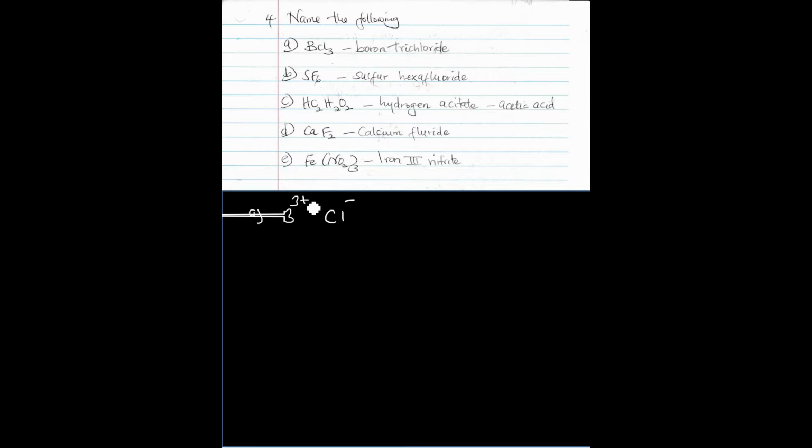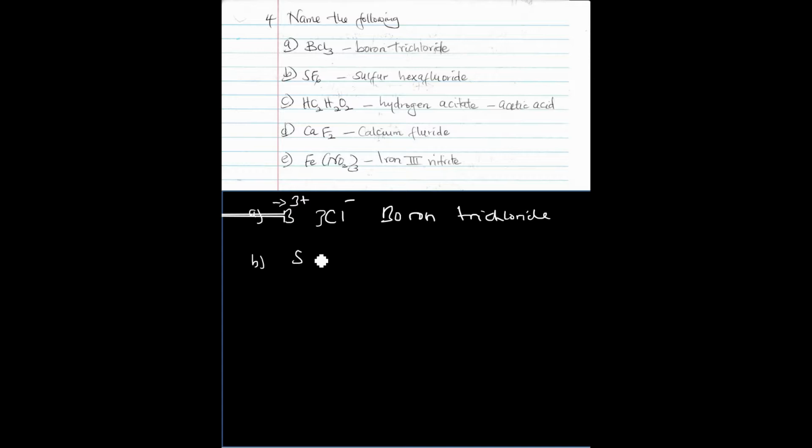So to find the formula, you see boron will have a 3, chloride will have a 1, but because you have 3 chlorines, we're going to call it boron trichloride. You don't need to say boron 3 trichloride, because boron has no other oxidation number other than 3.